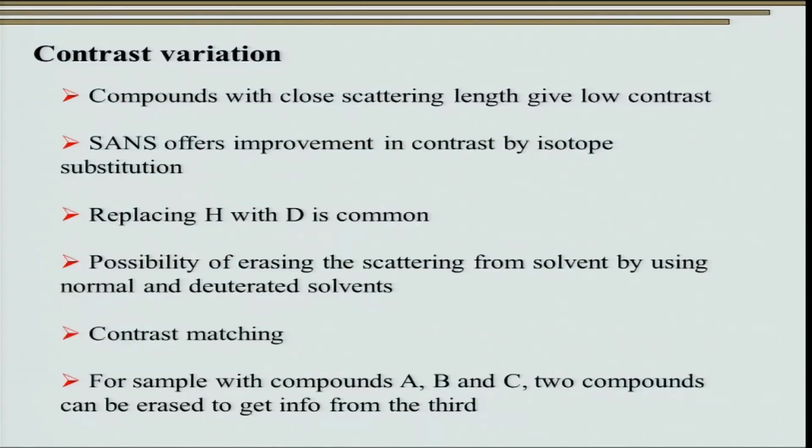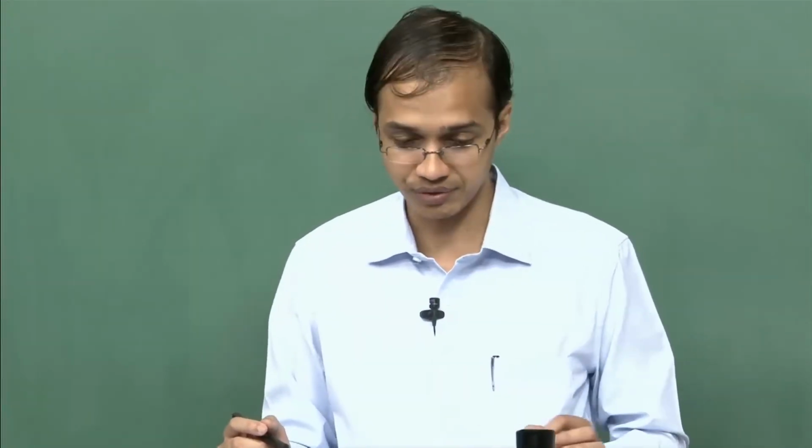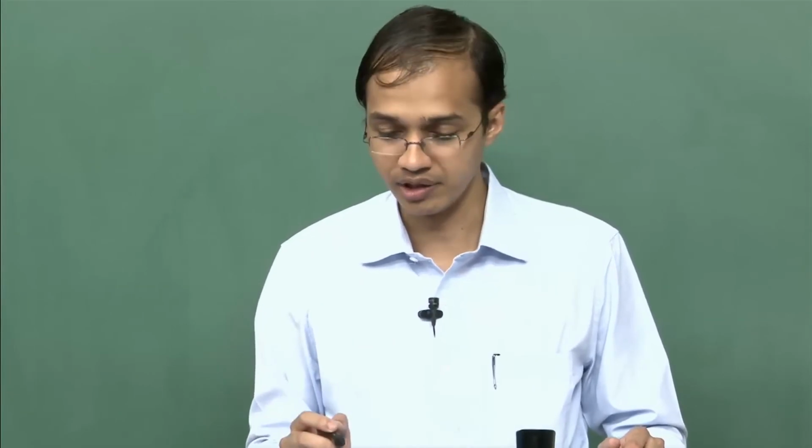Okay. So, what we talked about is what is known as contrast variation. We know that compounds with close scattering length give low contrast. That is because if two elements have the same scattering ability, we cannot differentiate between the scattering due to the individual elements.